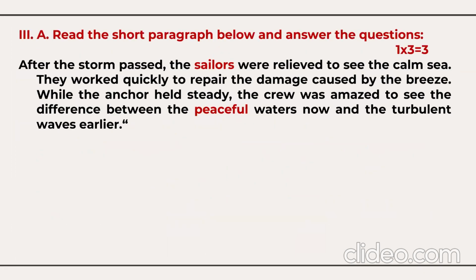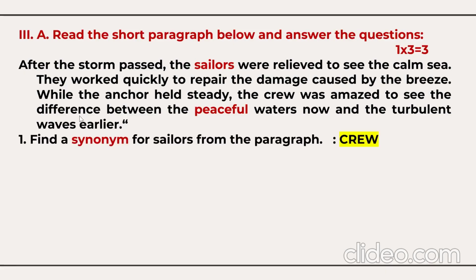Next question, third part. A short paragraph is given, and here few words will be highlighted or underlined or bold, and you need to answer the questions based on these few words. For example, find a synonym for sailors from the paragraph. So the synonym here is crew, CREW.